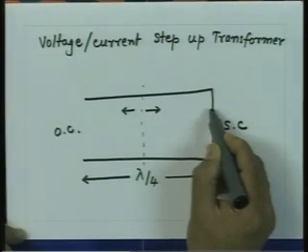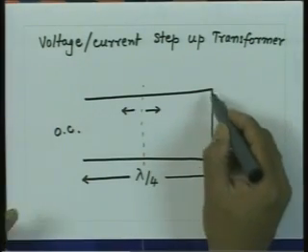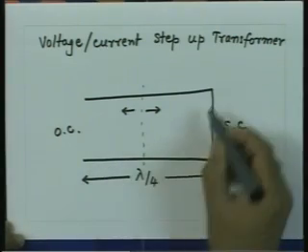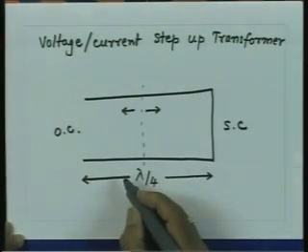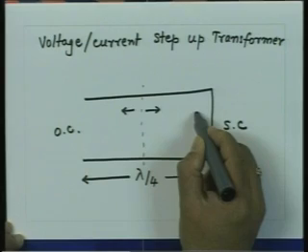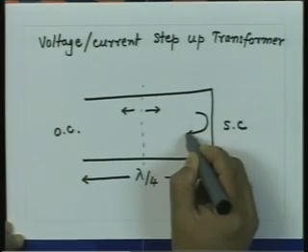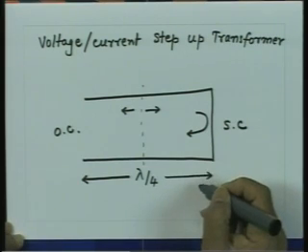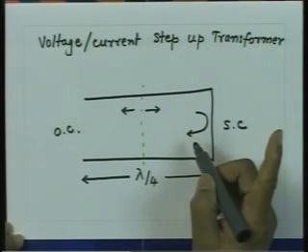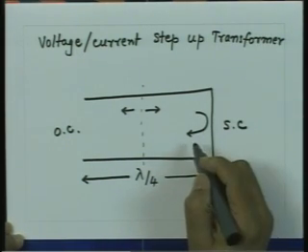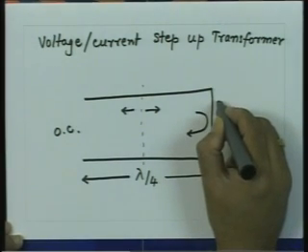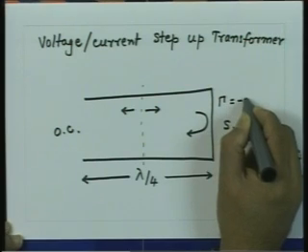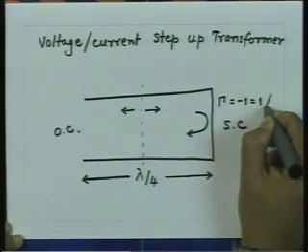This wave now travels up to this point. When it reaches here, it sees a short circuit, which means a reflection coefficient of -1, that is, magnitude unity and phase 180 degrees. So, gamma is equal to -1, which is 1 angle pi.